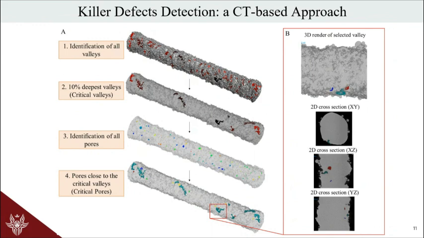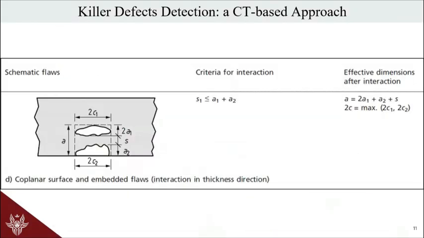We did basically the same with porosity, and we tried to see if we could identify the killer defects that lead to the failure of these components by defining an interaction metric between the surface defect and the subsurface defect based on the Murakami parameter. Basically, this is just a distance metric, which if it is respected, we consider the defect as a single defect. Otherwise, we consider it as two different defects.